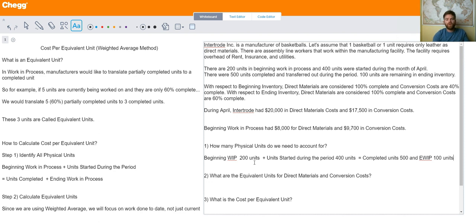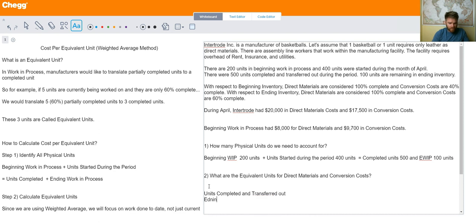Now the next question is, what are the equivalent units for direct materials and conversion costs? Well, it's a little easier than FIFO. So again, we're just going to focus on the second half of the equation, the units that were completed and transferred out and ending work in process.